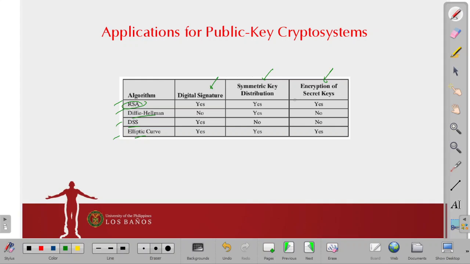So notice that the RSA is the one that can be used for all of these applications. Diffie-Hellman is used for symmetric key distribution. Digital signature, we have DSS, we also have elliptic curve cryptography. Okay, so two: RSA and elliptic curve.